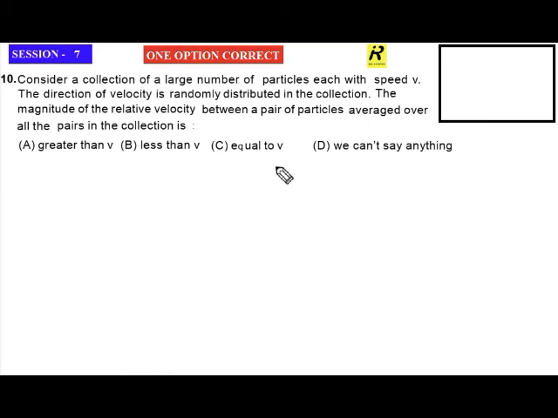Now I have to average this relative velocity, because they're asking for the average over all the pairs. So if I take the average of all these, this will be the average relative velocity between any two pairs.